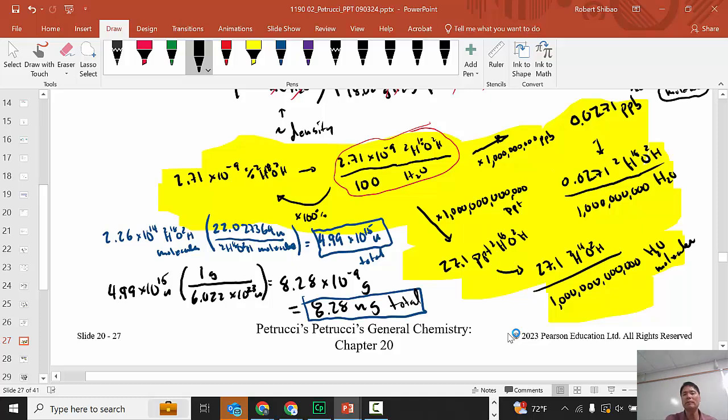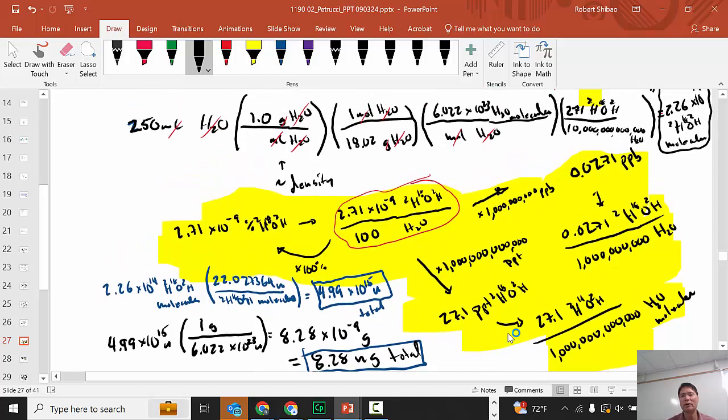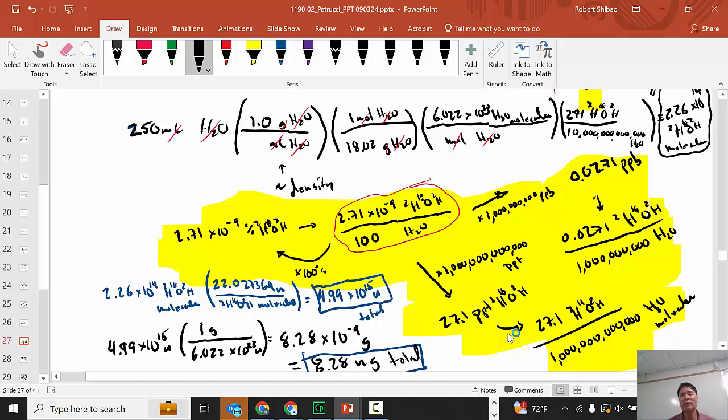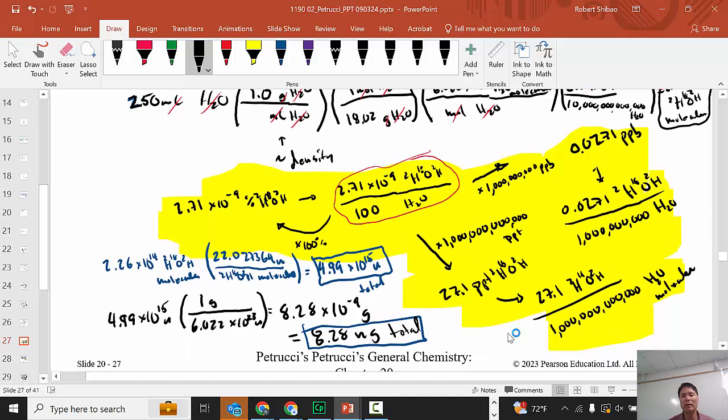Although you probably drank 226 trillion of those heaviest water molecules, it only amounted to 8.28 nanograms, which is barely anything compared to about 250 grams of water. Huge number of molecules, but very little water.